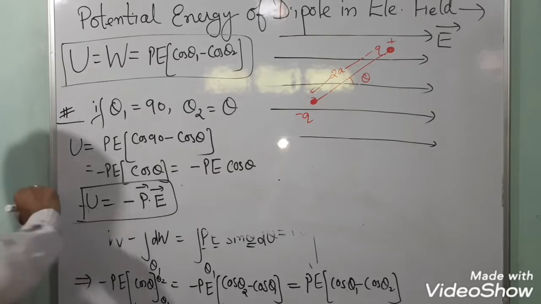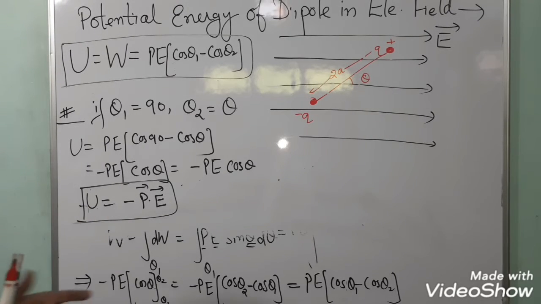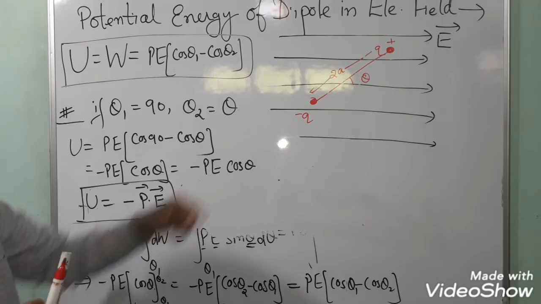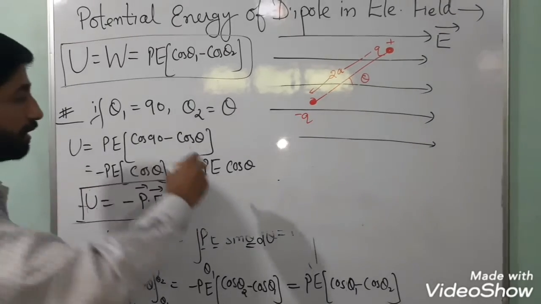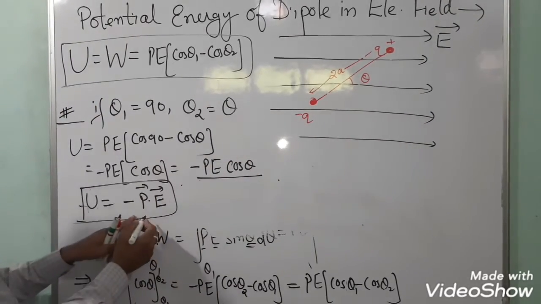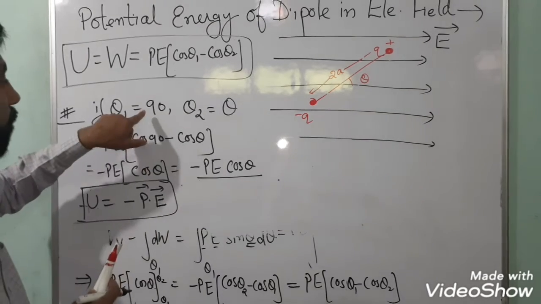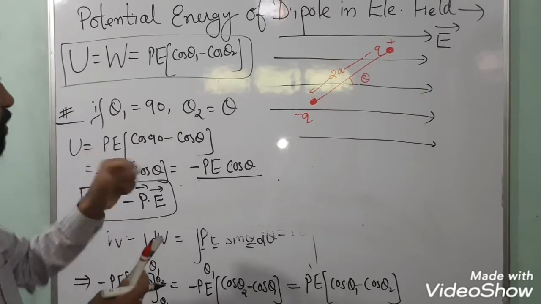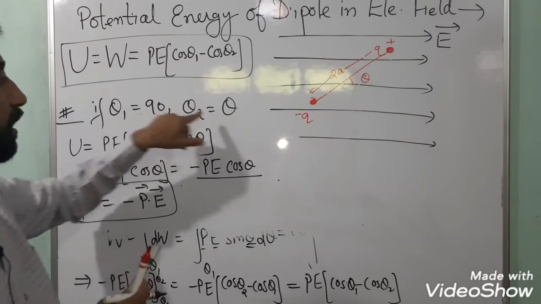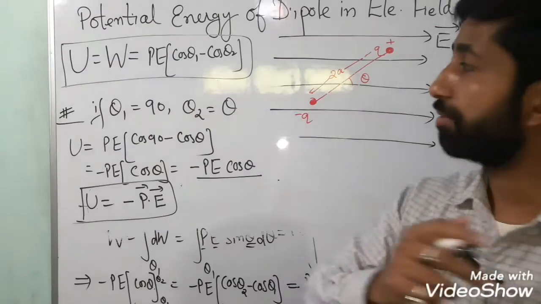This is another expression for the potential energy of a dipole at a particular orientation theta, the mathematical value in scalar terms, and in terms of the dot product. Remember, the initial value is taken at 90 degrees and the particular orientation is taken as theta.